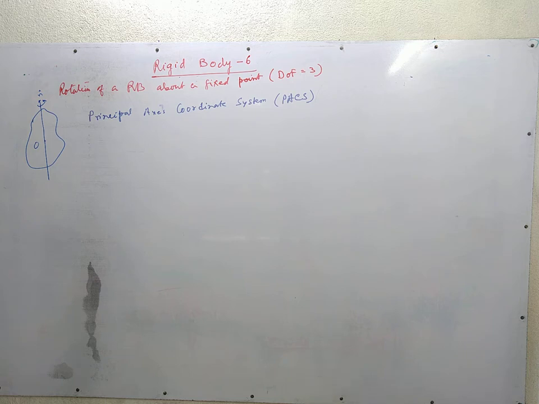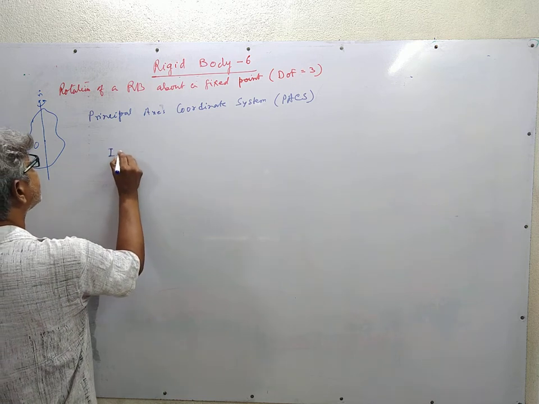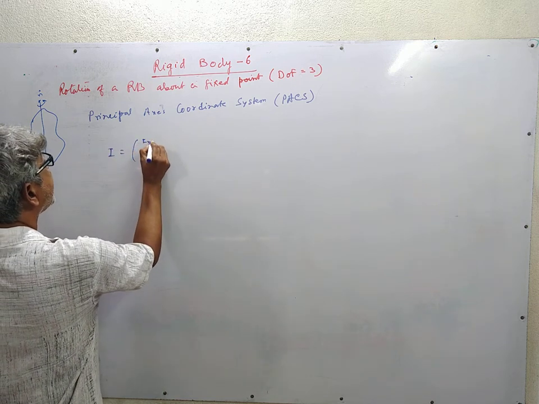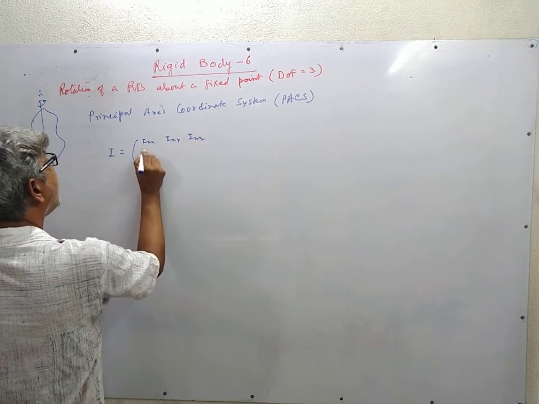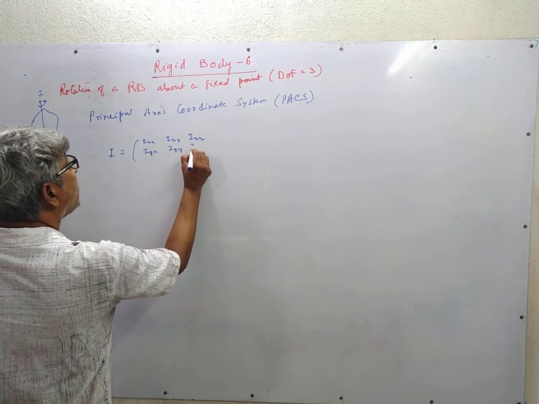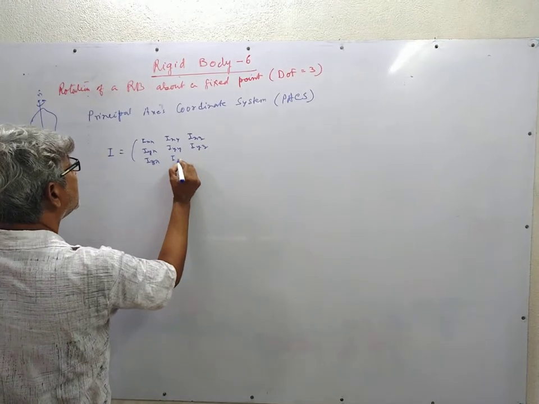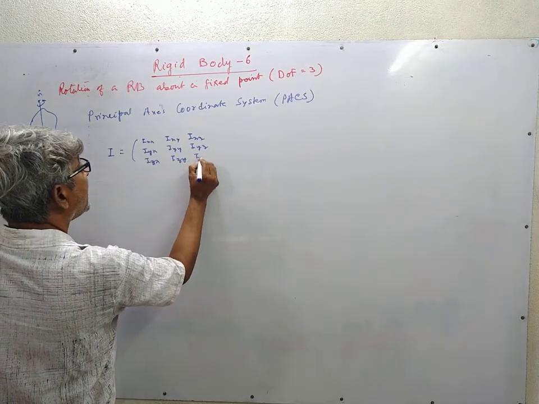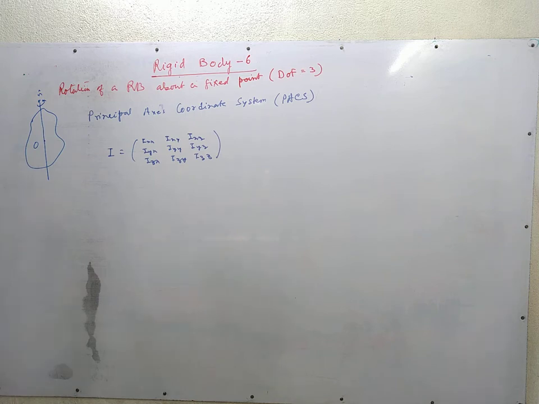We may look upon this in another way. If we call the moment of inertia tensor Ixx, Ixy, Ixz, Iyx, Iyy, Iyz, Izx, Izy, and Izz, we consider the eigenvalue problem of this.